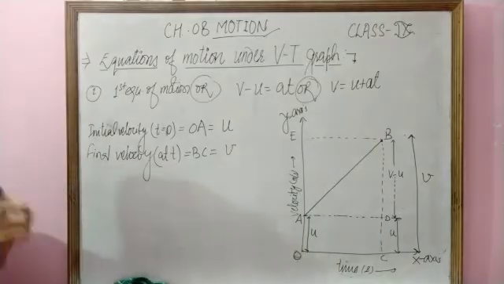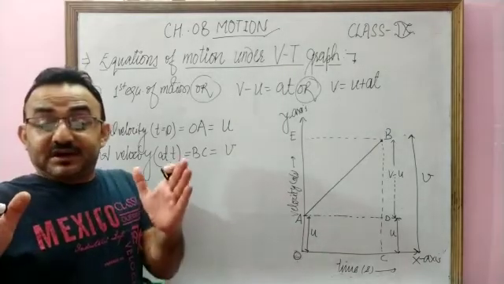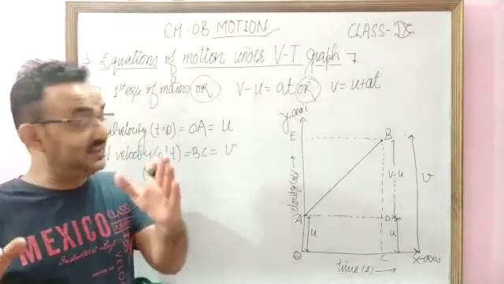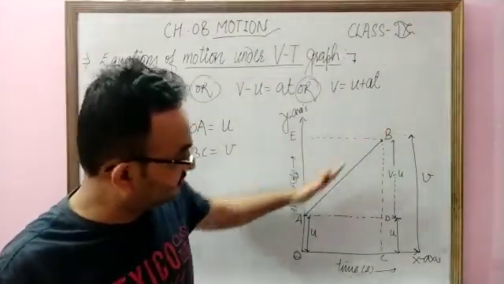Is it clear? Listen, the velocity time graph for a uniformly accelerated body is given by the straight line AB. This one is AB.